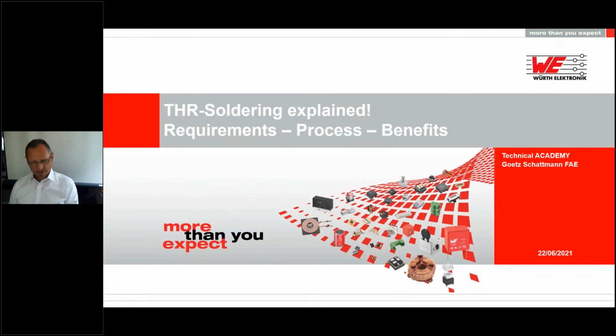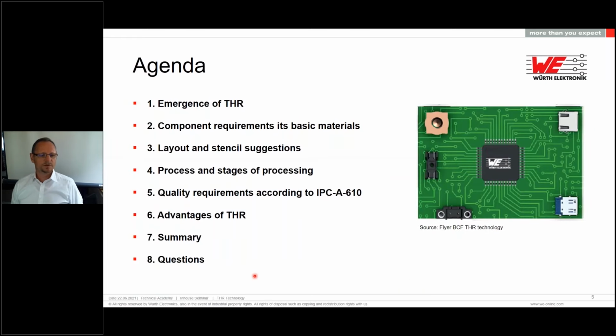So let's start into the agenda. Here's what we're going to run through. At first, how did it come to THR? Then what does that mean to the component in terms of requirements for the basic materials, and how does it look like?